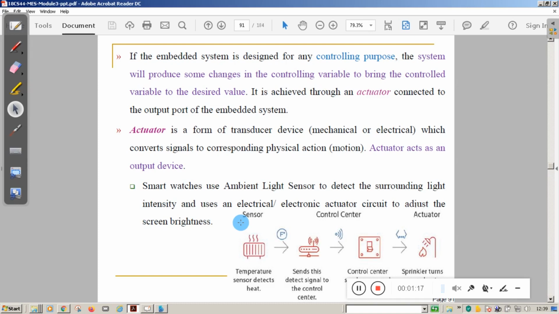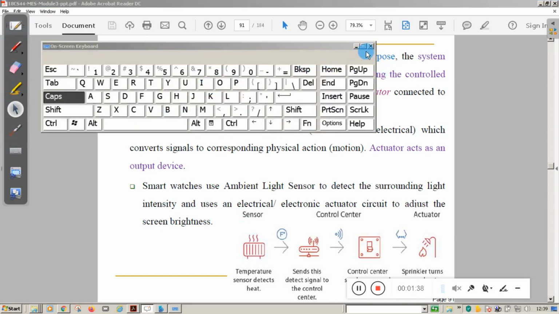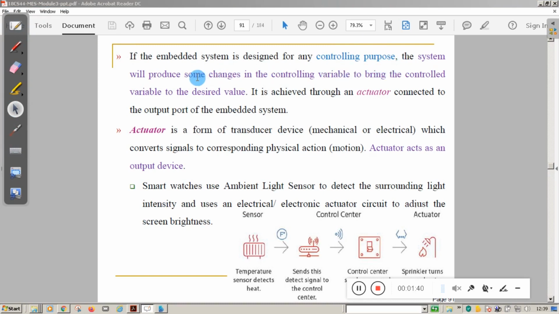Similarly, an embedded system which is designed for controlling purpose will produce some changes in the controlling variable to bring the controlled variable to the desired level. It is achieved through actuator.